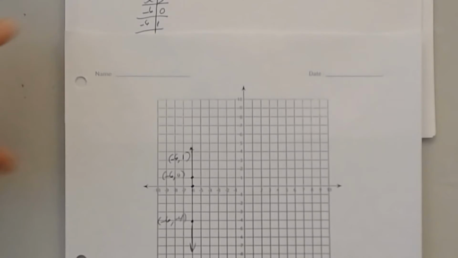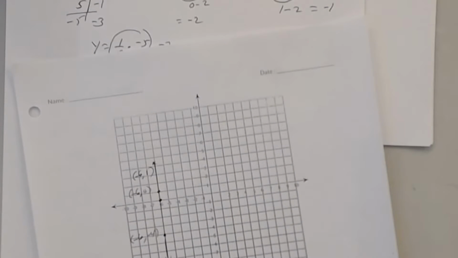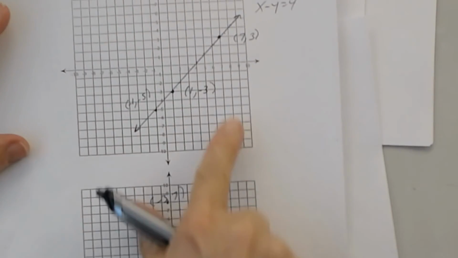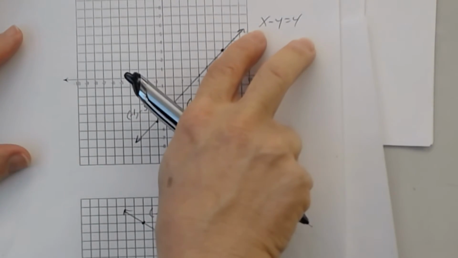All right, now let's look at number 6. Oh, by the way, one thing I want to mention. So notice that with the first 3, and I think number 1 was x minus y equal 4. Okay, so we did the first 3. So notice that this line here had 2 variables in it, right?